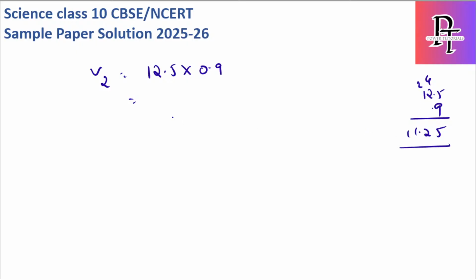So we got 11.25 volts, which is the voltage across V2.